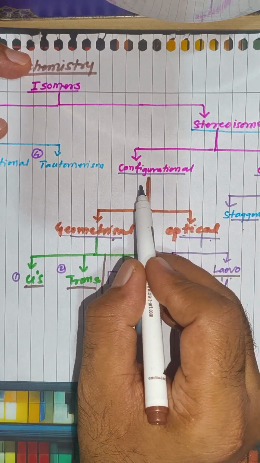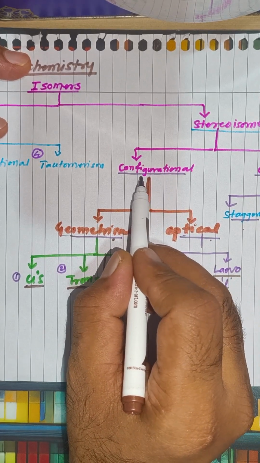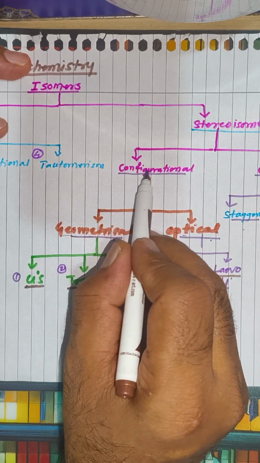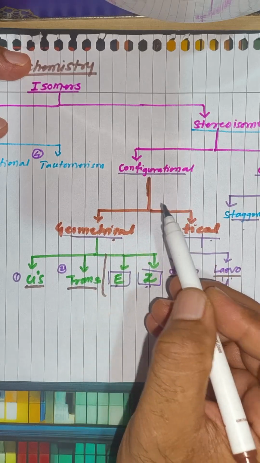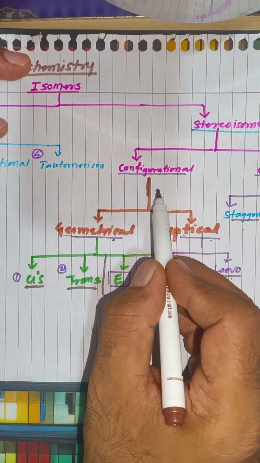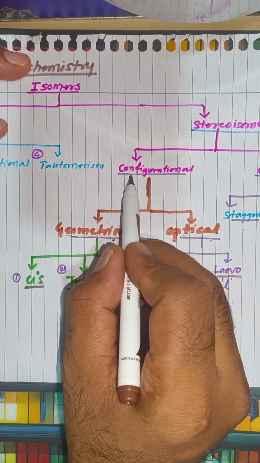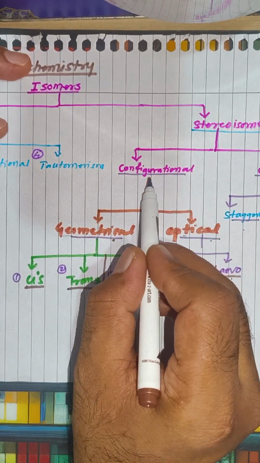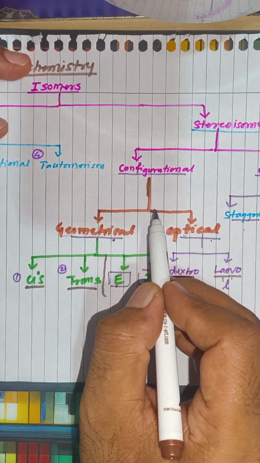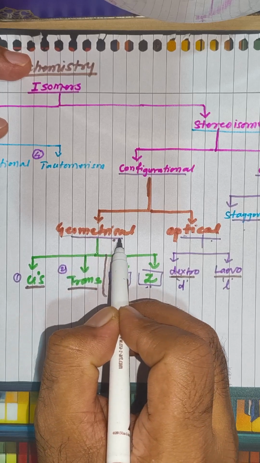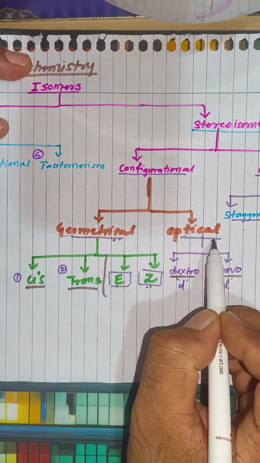The compounds have the same molecular formula but differ in configuration. Configuration means the arrangement of atoms in a molecule with respect to a double bond or the central atom. Configurational isomerism is again divided into two types: geometrical isomerism and optical isomerism.